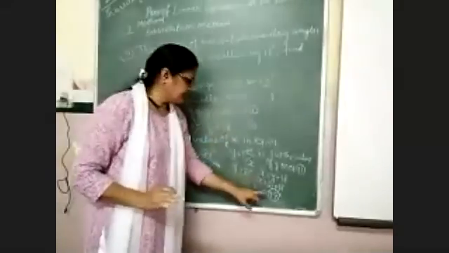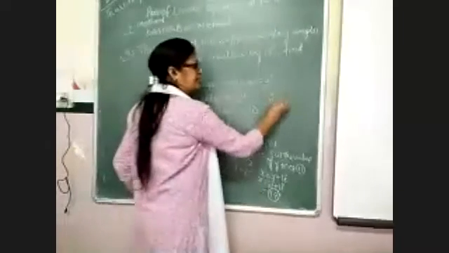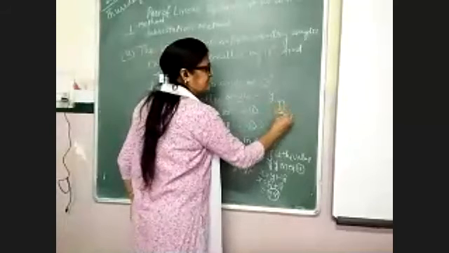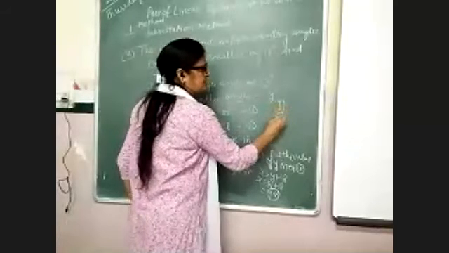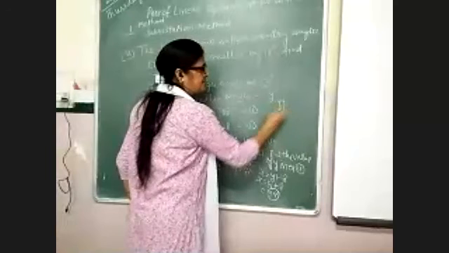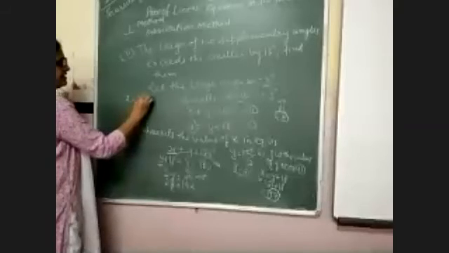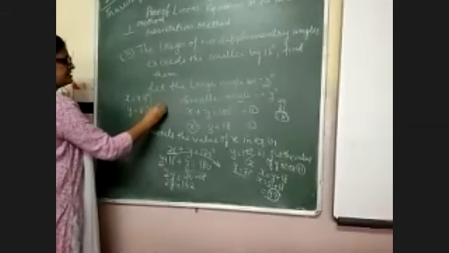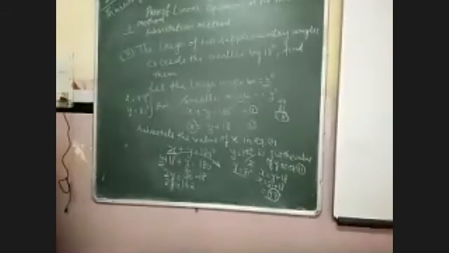Subtract 81 from 99 and check also. Your larger angle x equal to 99 degree and y equal to 81 degree. These are the answers of this question.